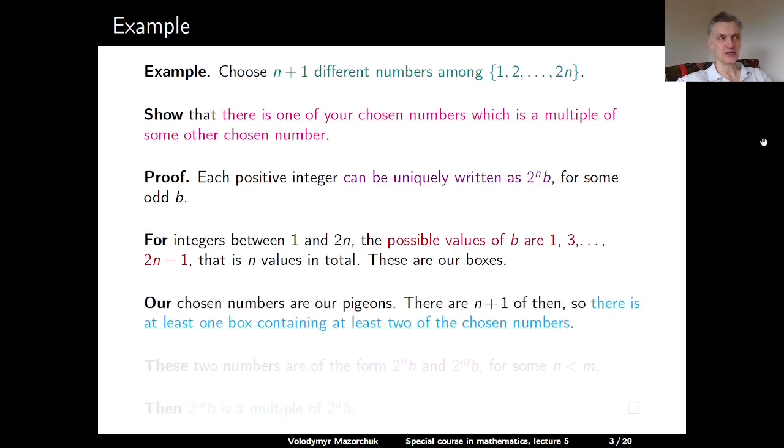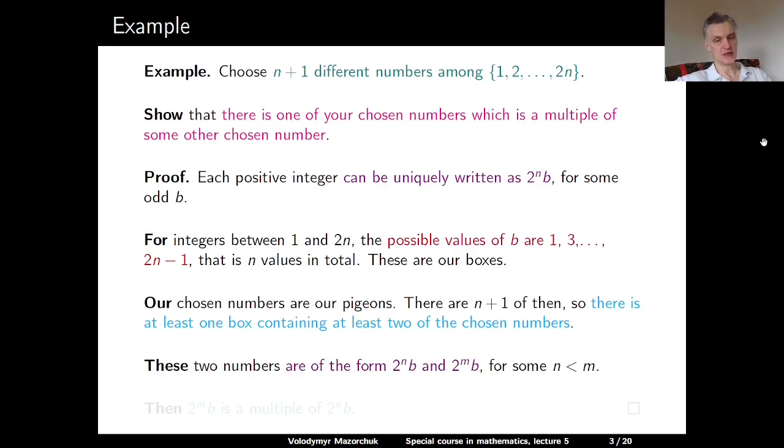The n plus 1 numbers which we choose are our pigeons or our items. So we have n plus 1 items and we have n boxes in total. So there is at least one box which contains at least two of the chosen numbers.